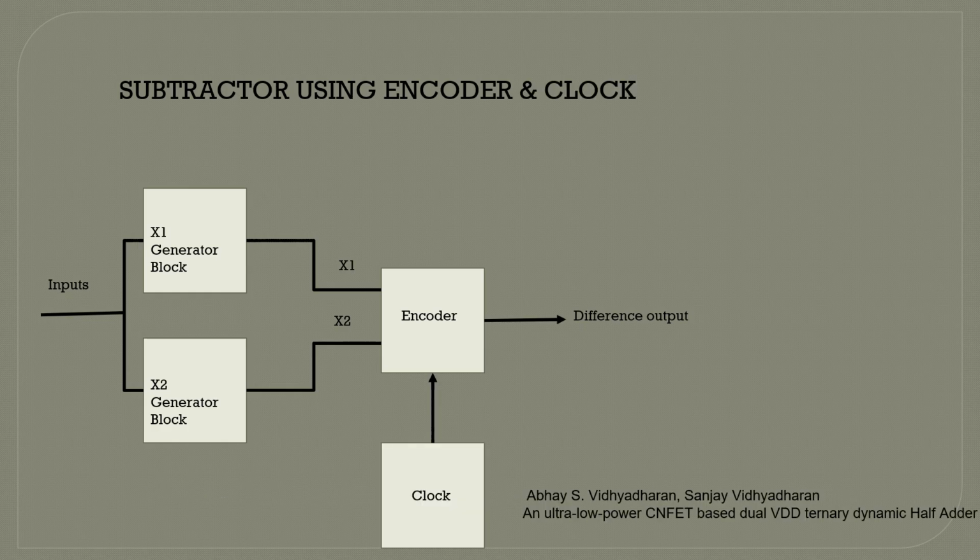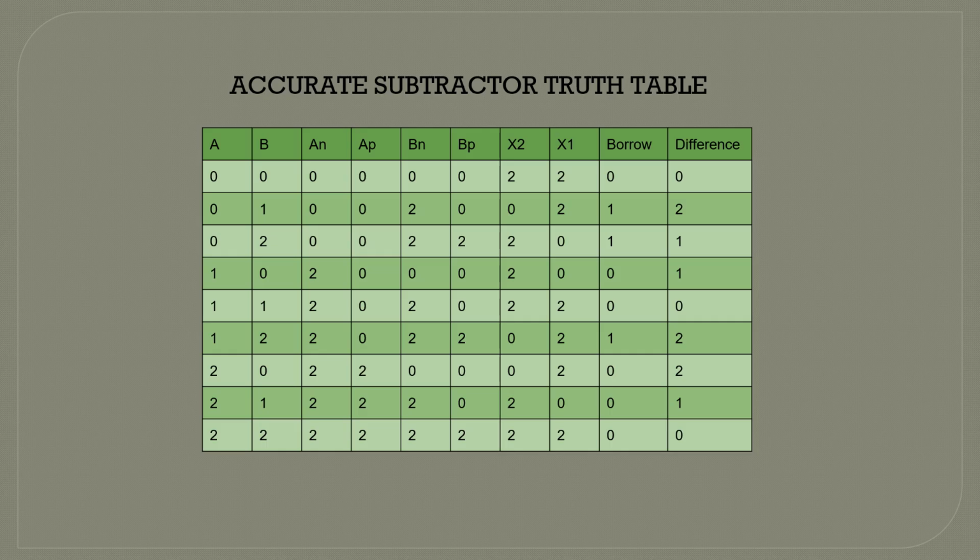In the next one, they have even used the clock. This was the accurate subtractor truth table of our project, where A and AP are the negative and positive outputs of A, B and BP are the negative and positive outputs of B, and X1 and X2 are the intermediate outputs of the borrow and difference outputs.